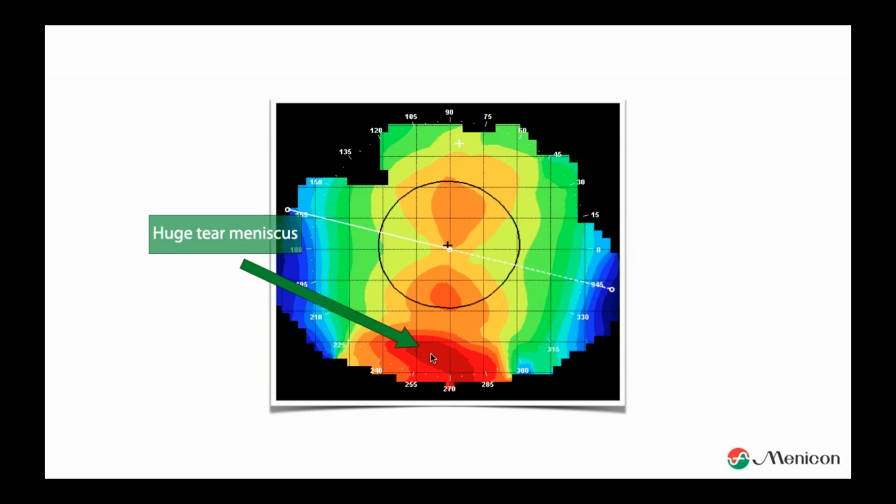And when do we see a huge tear meniscus? We see it a lot in topography, and the reason is that we don't let people blink behind the topographer. Most of the time we are busy with the topographer, with getting the points on the right spot or how the topography is working. We just ignore the patient at that moment. But the patient doesn't know what is happening.